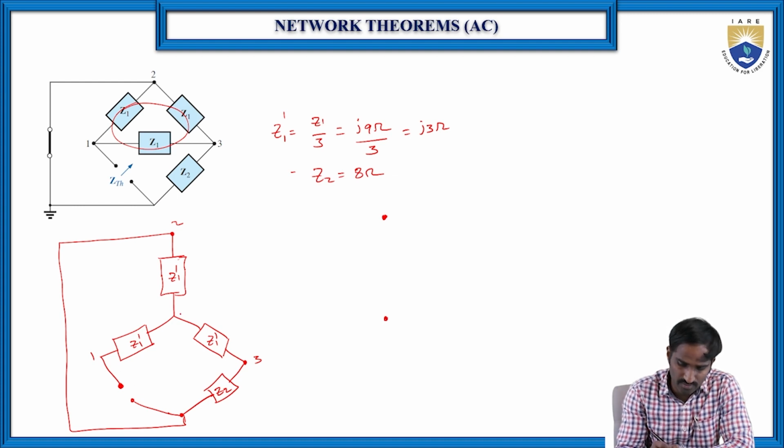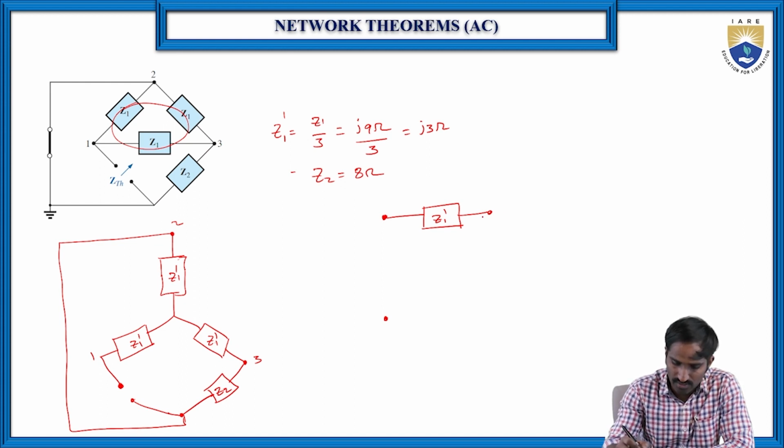For one terminal here, Z1 dash is there. For the second terminal, Z1 dash is there. For the short circuit it is connected to Z1 dash, and these Z1 dash and Z2 are connected in series.